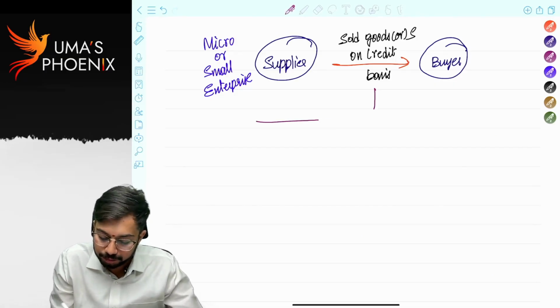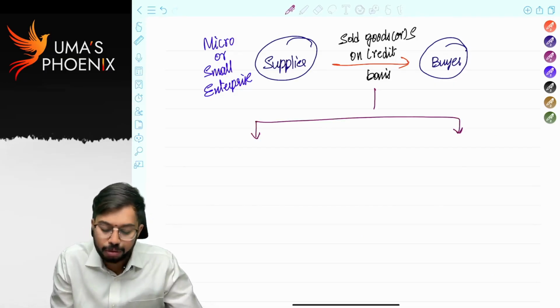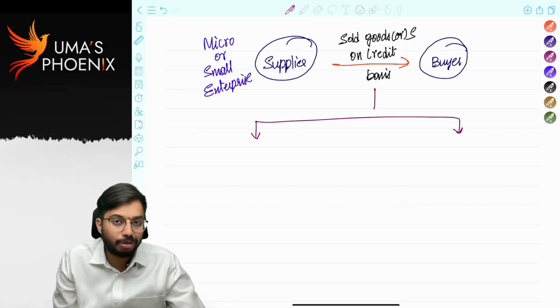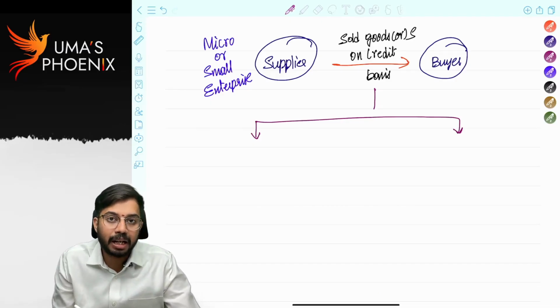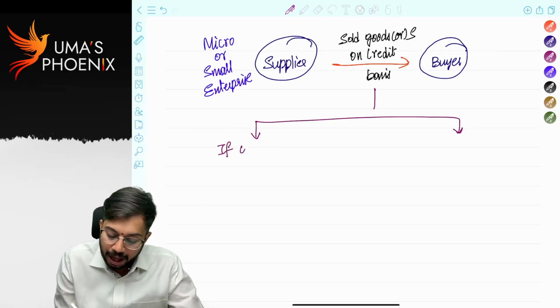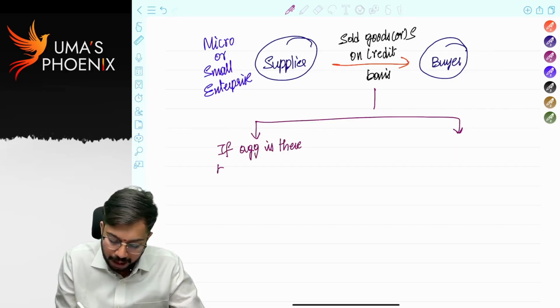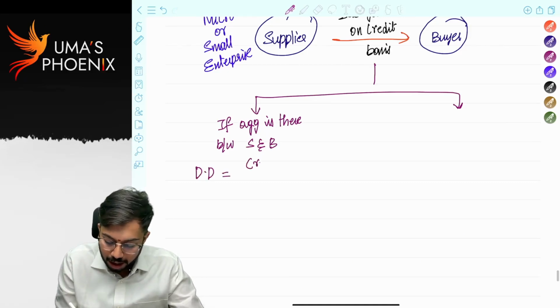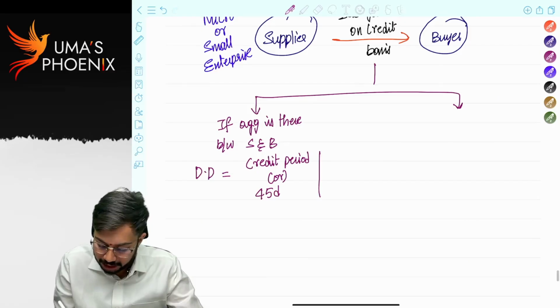Now, whenever goods are sold on credit basis, there will be a credit period, right? We have to check whether there is an agreement between supplier and buyer or not. If an agreement is there between supplier and buyer, then due date is equal to the credit period allowed or 45 days, whichever is lower.